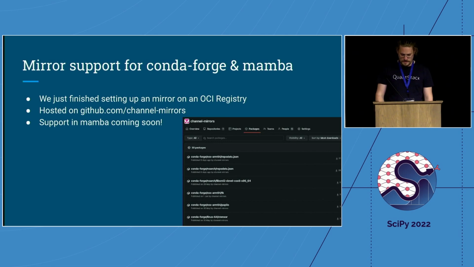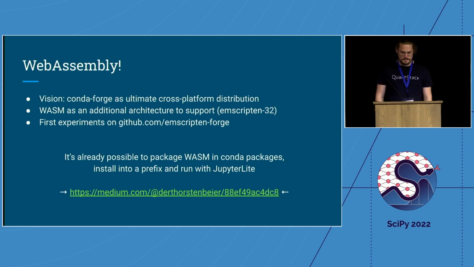Another thing that we've been working on at QuantStack is to add support for WebAssembly into the Mamba Conda ecosystem. And so we've added a new architecture, the emscripten-32 architecture, that can be used to create environments.